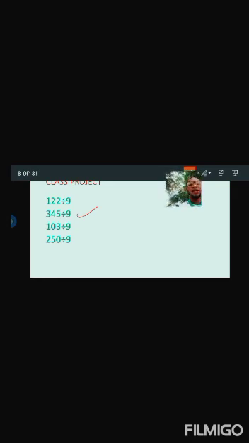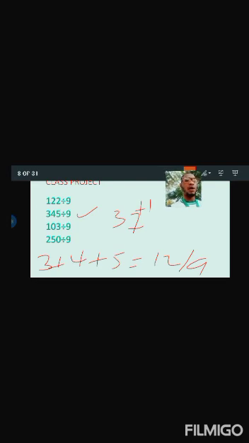Look at this one: 3, 4, 5. Can we take 345 divided by 9? The first number here is 3. So 3 plus 4 is 7. Write the 7 here. The next one is plus 5. 7 plus 5 is 12, divided by 9 because it's more than 9. How many times can 9 go into 12? Plus 1, remainder 3.